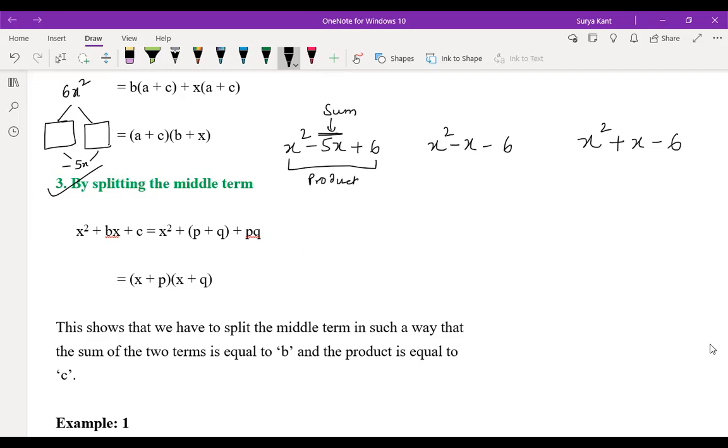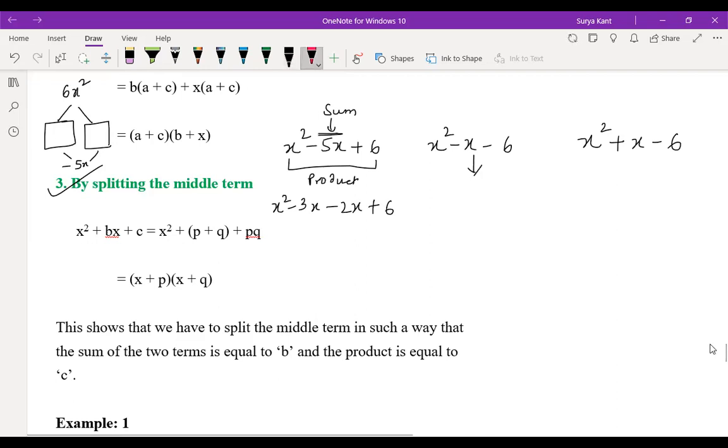Sir, minus 3 into minus 2, sir. Yeah, minus 3 into minus 2. Satvik, are you getting it or not? And we will write minus 5x as minus 3x plus minus 2x. Yeah, so it is minus 3x and minus 2x? Very good. Plus 6. For the second one, what should we do, children?